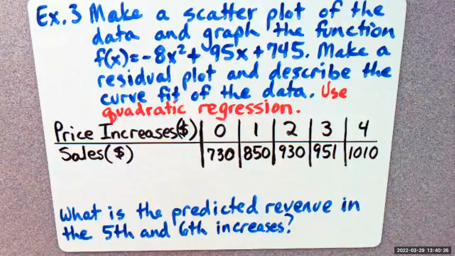We're going to do this in 2 different ways: I'll show you how to do that on Desmos, and we'll also do it manually. What is the predicted revenue in the 5th and 6th increases? And we'll also use the graphing calculator.